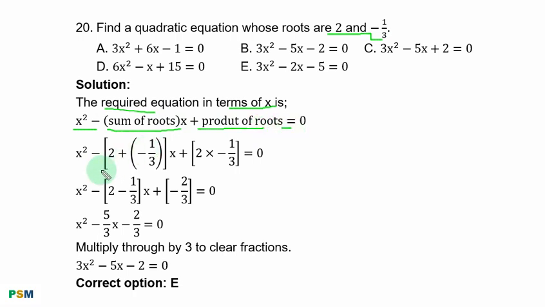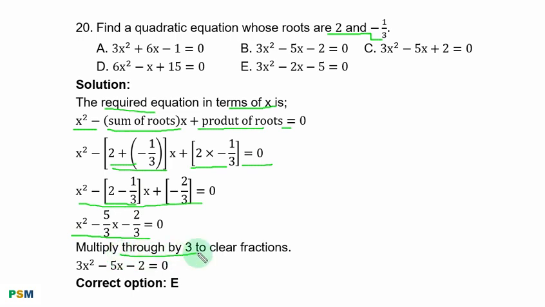You add the roots here times s, you multiply them here, then you equate to 0. If you open this inner bracket, you have this result. You multiply, you have minus 2 over 3. When you simplify this fraction, you have 5 over 3 times s and the other terms.